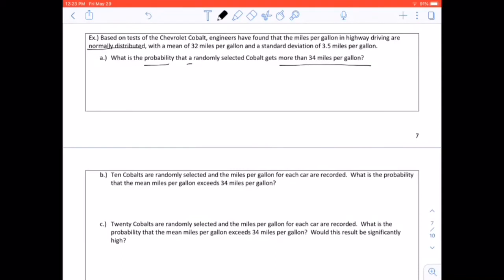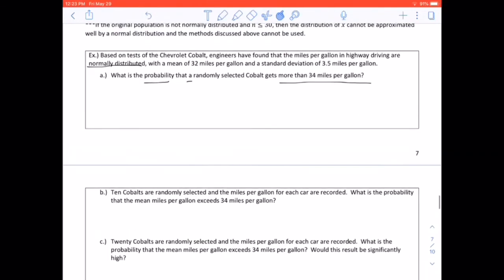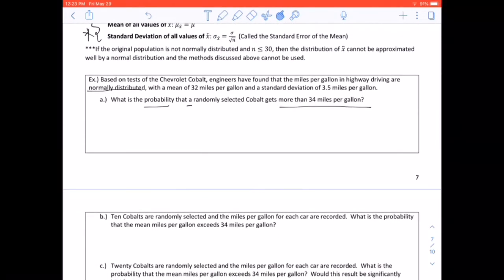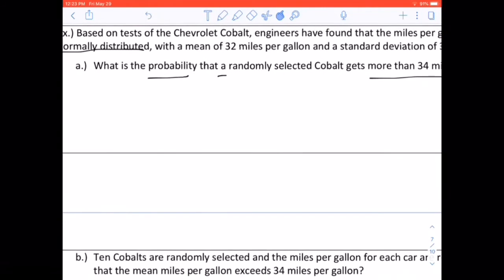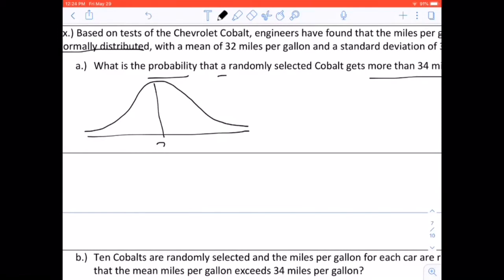So I'm going to draw my bell-shaped curve, my normal curve, put our mean on, and look at exactly what this problem is asking. The mean for the Chevy Cobalts is 32 miles per gallon, so put 32 on here, and it's asking for more than 34, so put 34 on, and more than means we're going to be shading to the right.